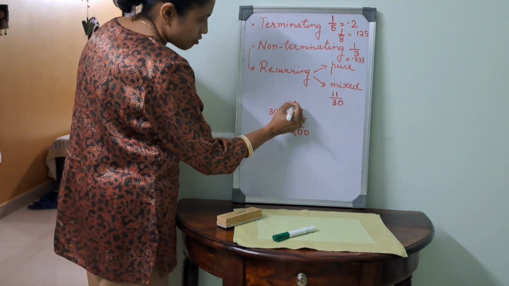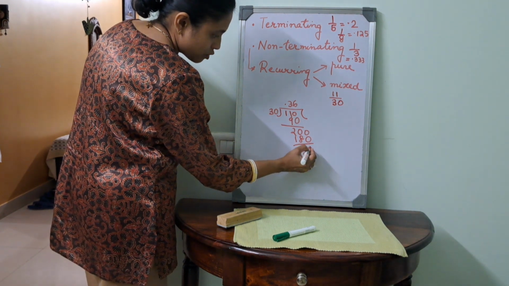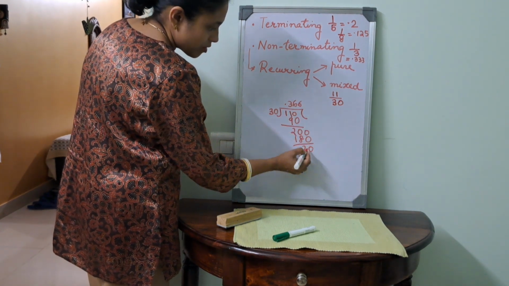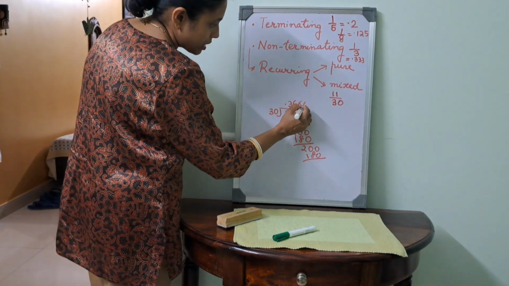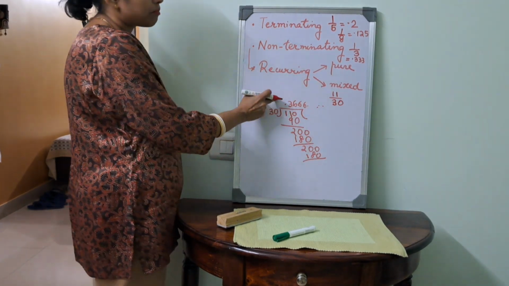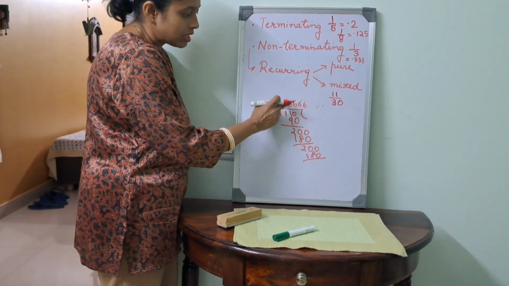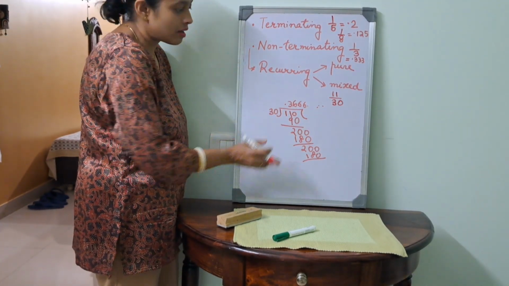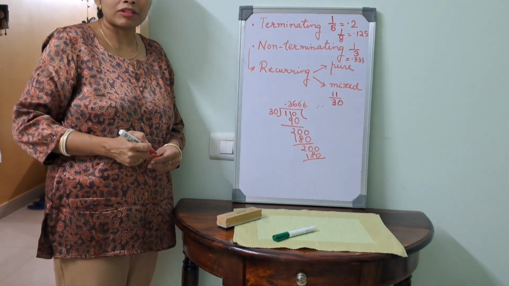How many times does it go? 6 times, 180. Again 20 and 0, 6 times. So it has fallen into a loop. The 6 will go on repeating. So this is an example of a mixed recurring non-terminating decimal. The 3 is a digit which doesn't repeat itself. 6 is repeating itself.